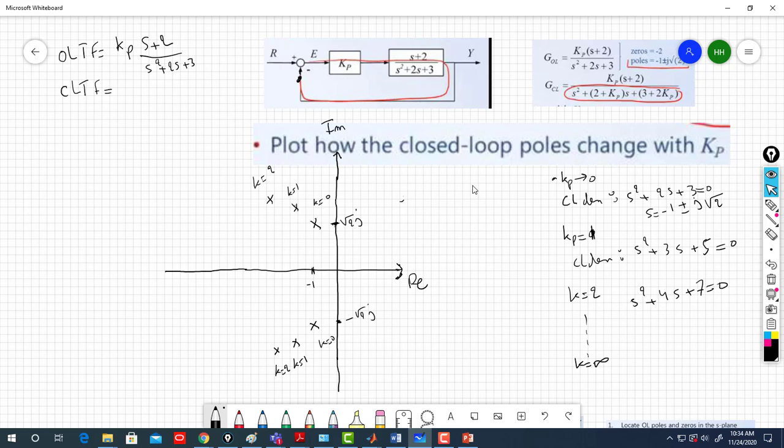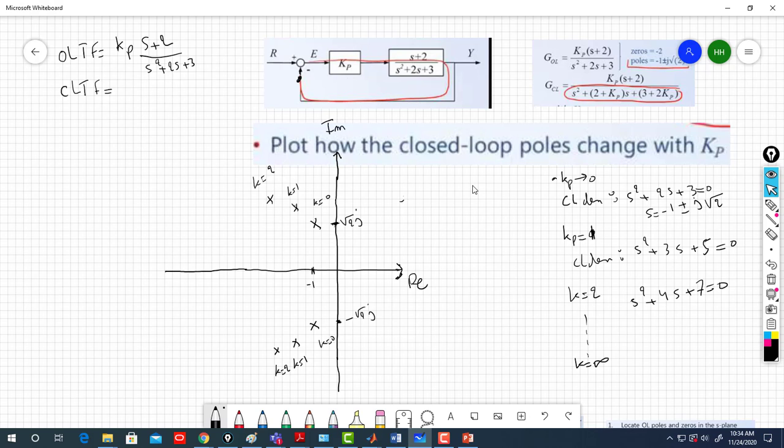This is very important, when k tends to infinity. So what do you have in this case? At k equal infinity, your system will be equivalent to your denominator.